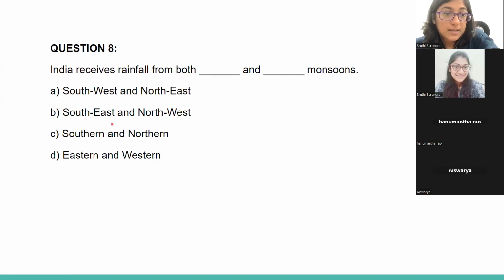Okay, next question. India is receiving rainfall for both what kind of monsoons? What are the two different types of monsoon season that we have in our country? It's southwest and northeast, or southeast and northwest, or southern and northern monsoon, or eastern or western monsoons.